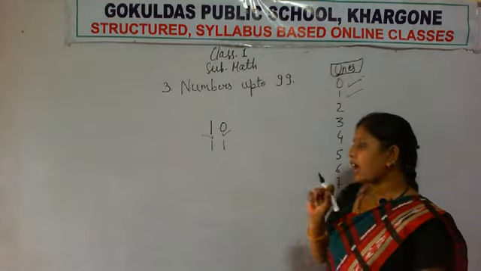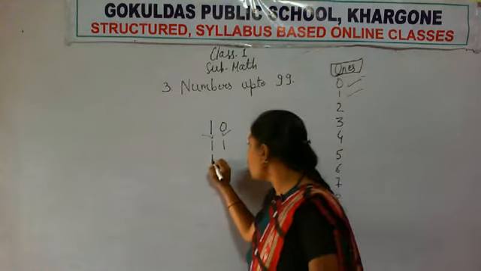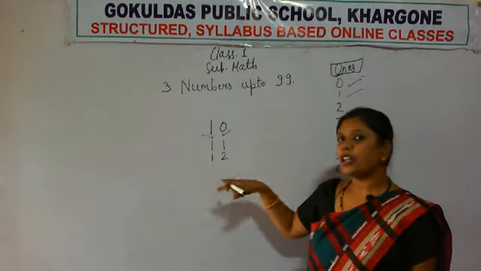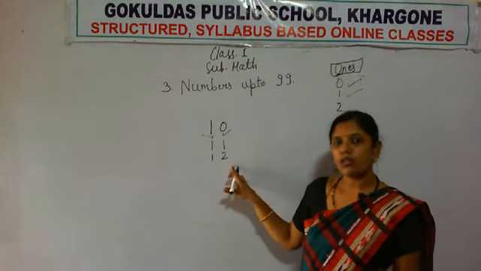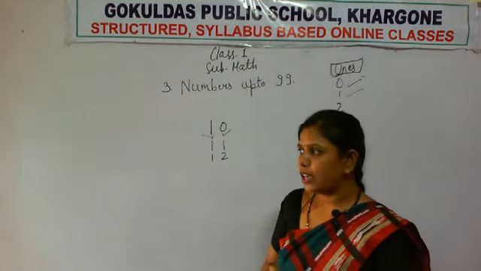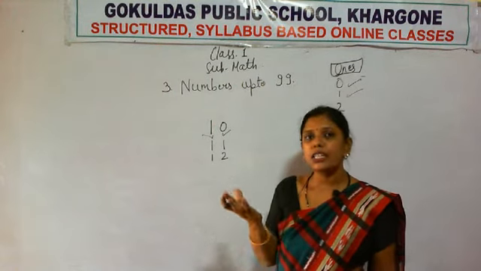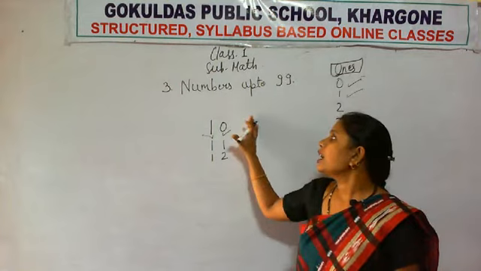If again I use 2 different digits, 1 and 2, a new number is formed, 12. I hope all of you know numbers till 100. Now you should know how these numbers form, how we read them and how we write the names of these numbers.